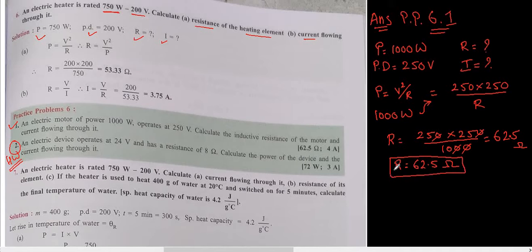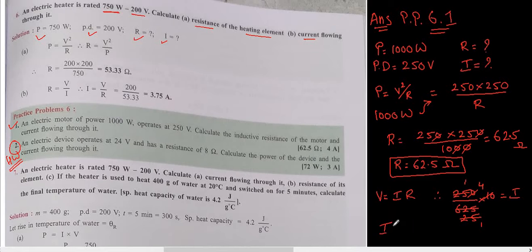Now, by using the formula of Ohm's law, V is equal to IR. V is given as 250. R is found out, that is 625 upon 10. That will give my I. Here 25 cancels and here 25 cancels and this one becomes 4.